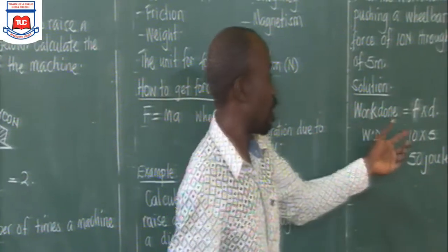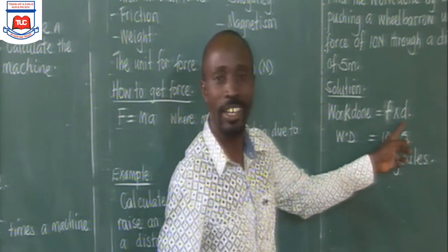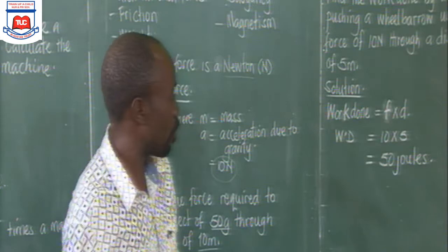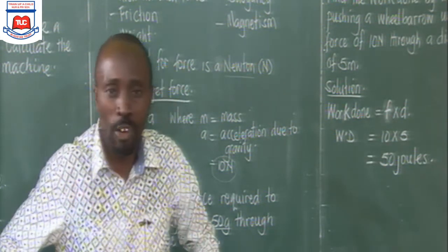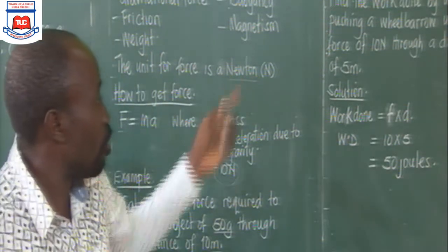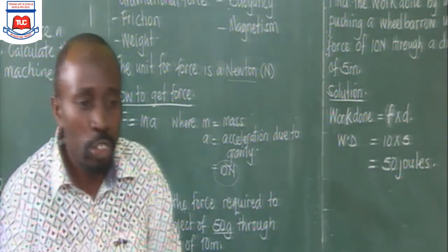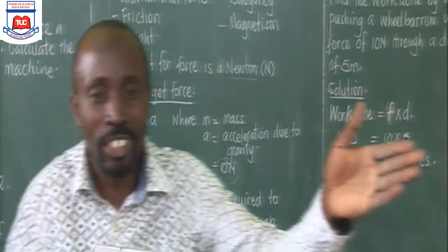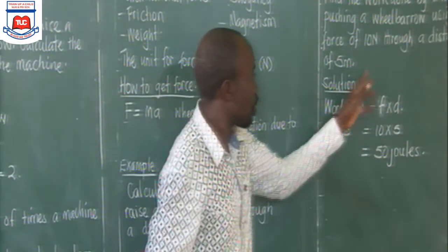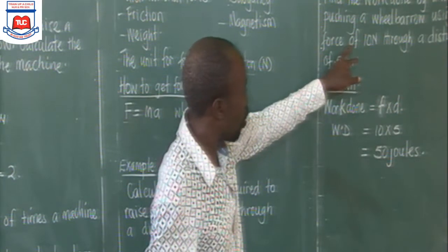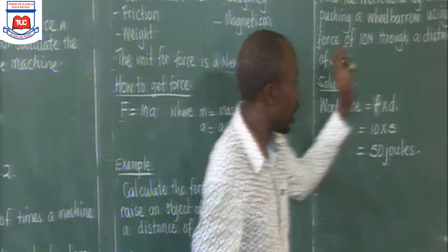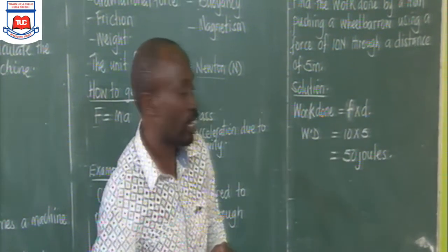Work done is given by force multiplied by the distance the load moves through. Okay? Now, a man using a wheelbarrow uses a certain force, which is 10 newtons, it is given, and is pushing a wheelbarrow through a distance of 5 meters. Okay? So let's look at what has been given. We have been given the force as 10 newtons. We have also been given the distance as 5 meters.